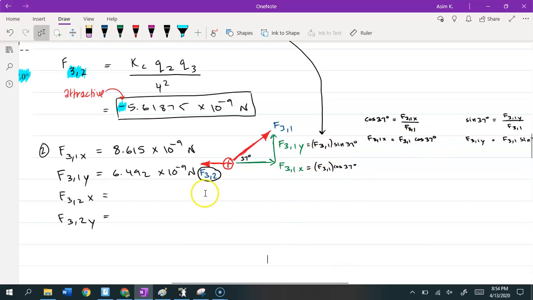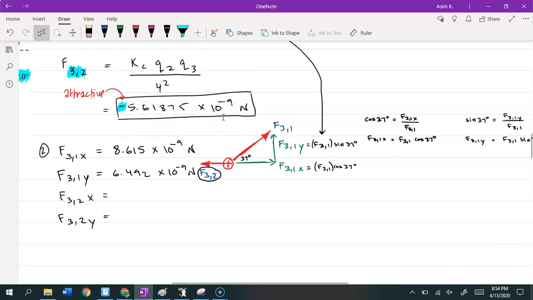However, look at where F32 is pointing. It's only pointing in the x direction. What I mean is that all of the force that the second charge was exerting on the third charge is an x component force.